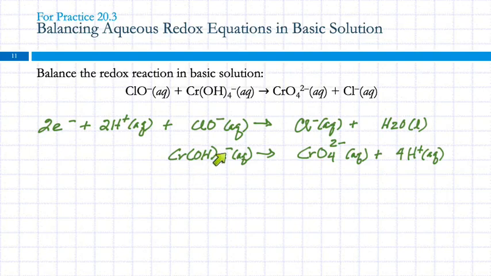Down here, I have a -1 on this side. I have -2 and +4, and that is equal to +2. But over here, I have -1. So how do I make a +2 into a -1? I need 3 electrons.